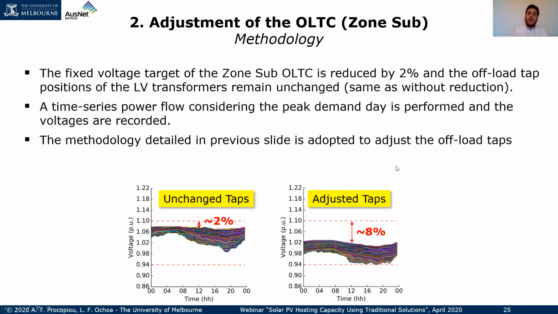The second one is by leveraging as well the on-load tap changer on the primary side, on the high voltage side of the networks, which is called the zone substation.